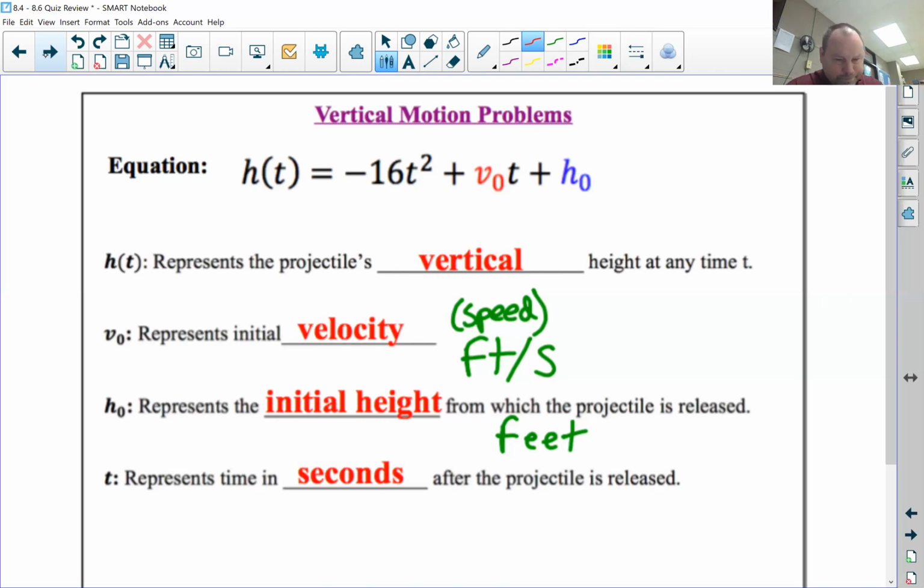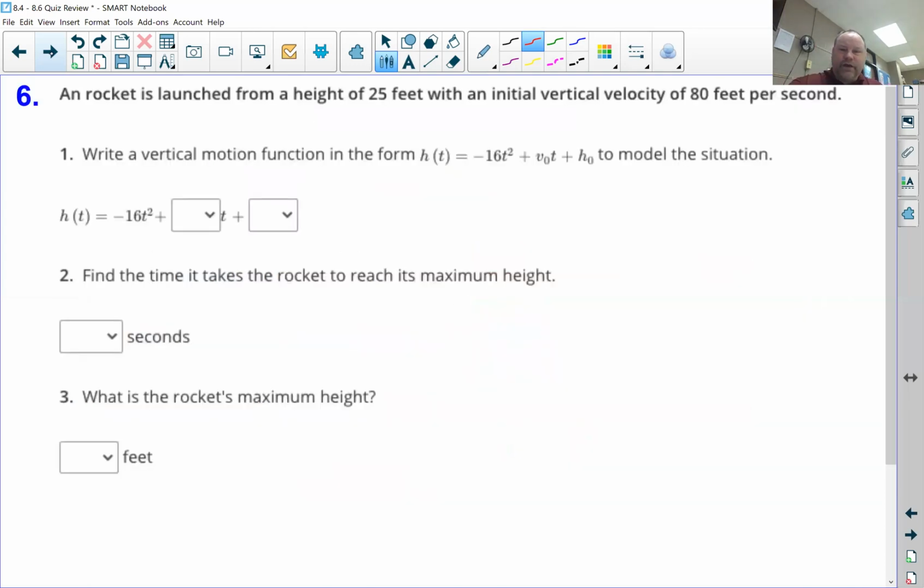Things like that. A lot of sports applications with vertical motion. And then t is time in seconds after the projectile is released or launched or whatever. So again, given some information, a rocket is launched from a height of 25 feet with an initial vertical velocity of 80 feet per second.